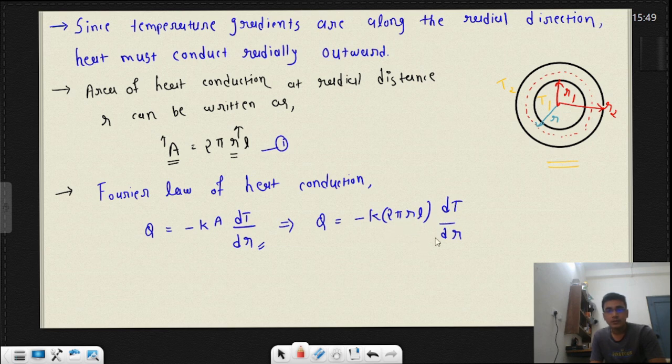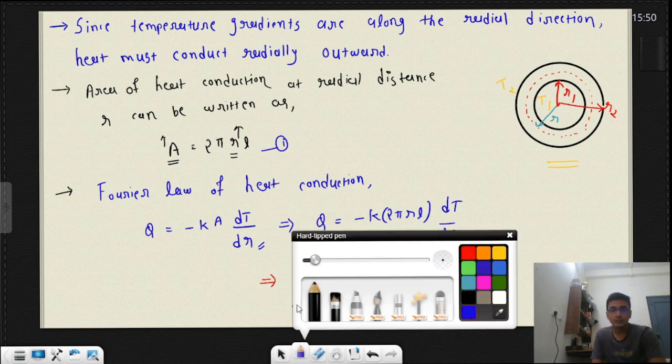Now here, we can take all the terms on the left hand side except dT. This will give us Q divided by 2 pi K L into dr by r is equal to minus dT.